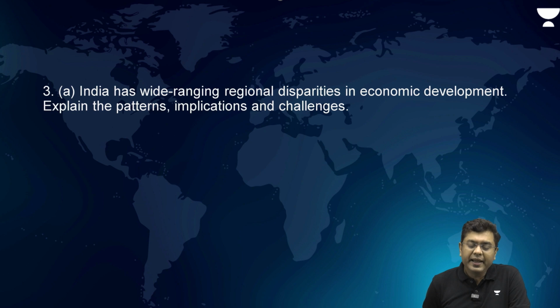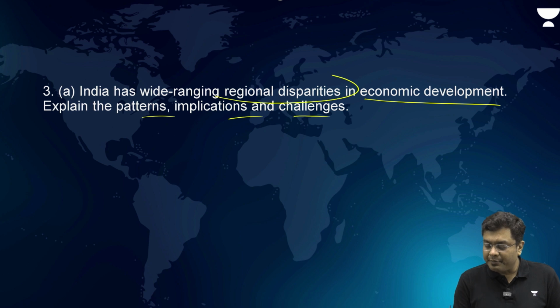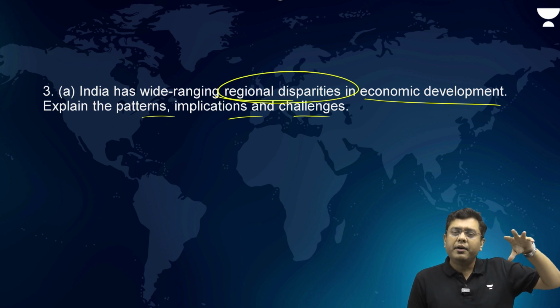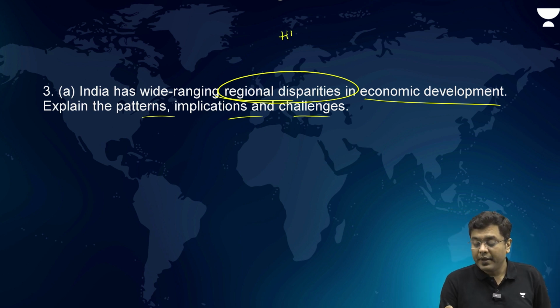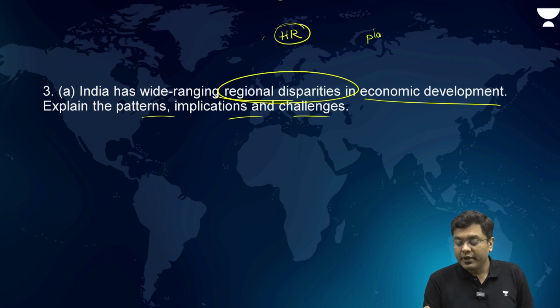Then, India has wide-ranging regional disparities in economic development. Explain the patterns, implications and challenges. So, wide-ranging regional disparities in economic development. You can talk about, first of all, various different areas, hill regions, for example, and the regions of the plains, that is a region of disparity.